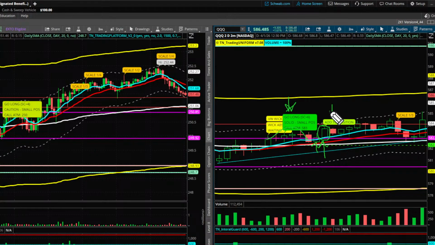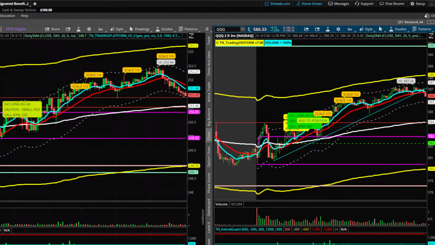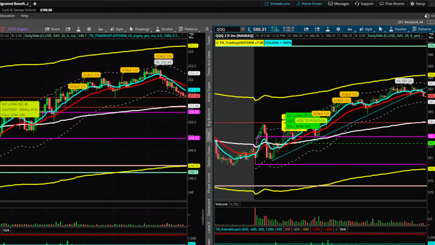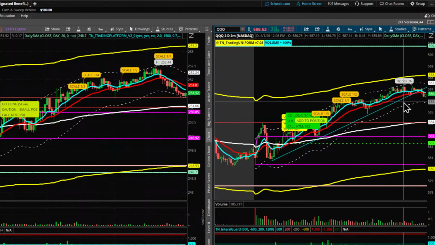Now it's okay to add more to your position, and let's just sit and wait. So that's the true conviction, and the structure is telling us it's safe to add more to your position. And then obviously after that, we see this thing continue to go up, and then it tells us to scale out. So basically right now, if we follow the system, you already made money. And whatever couple of options you have left to ride is just gravy.